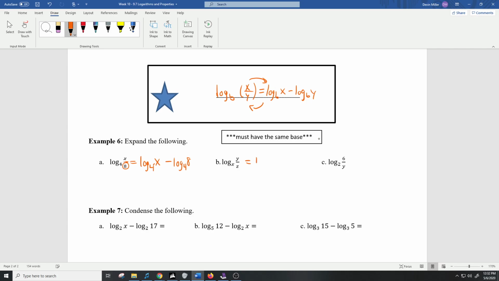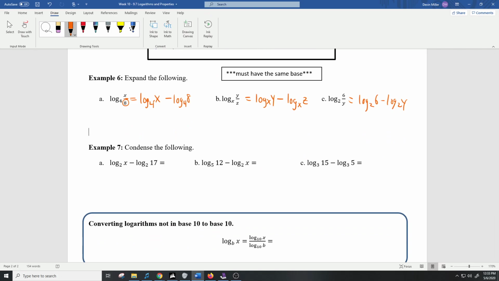Part B, log, we have to keep the same base, x, y comes first, it's on top, minus log base x of z. And the last one, log base 2 of 6 minus log base 2 of y. All we really have to remember is when you have division with one logarithm, it splits into two logarithms with the same base, and the denominator is the one that has the minus sign on it.